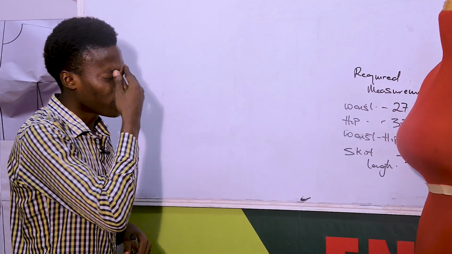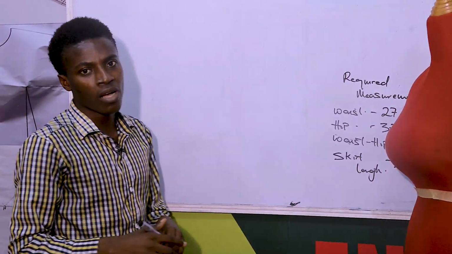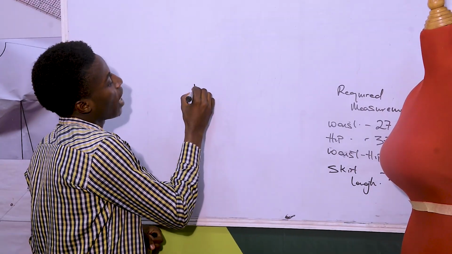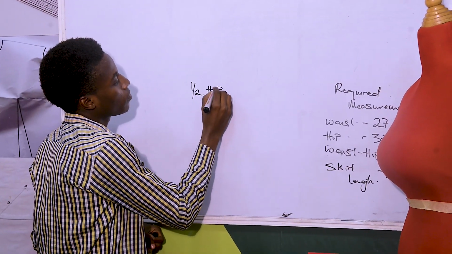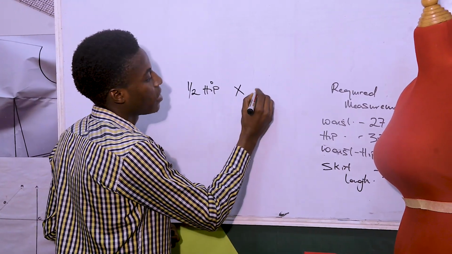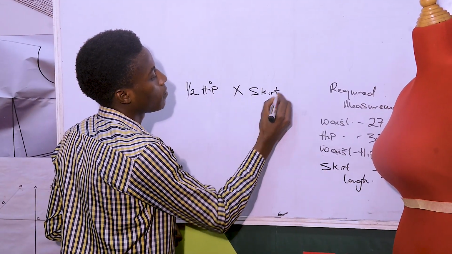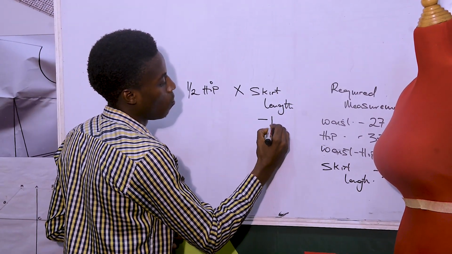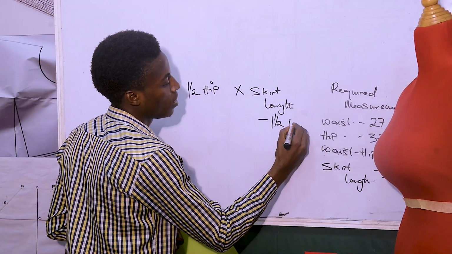All right, so moving on to get the basic rectangle in order for us to achieve our basic skirt block. Now, to get the basic rectangle, what you need to put into consideration is half of the hip measurement by the skirt length minus 1.5 inches for band.